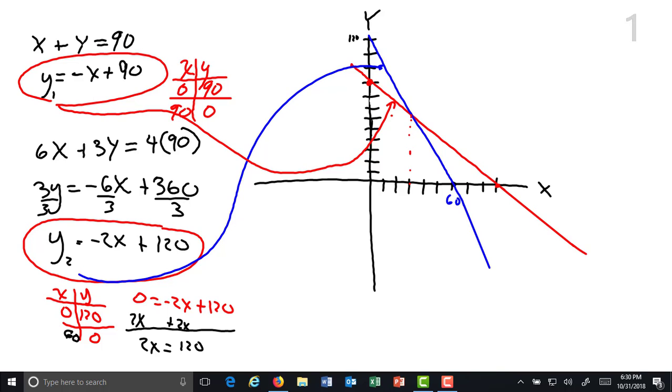So now we want to solve for y1 equals y2, but y2 has a new name. y2 is equal to minus 2x plus 120. So which side has the fewest amount of x's? Negative 2x. Yes. You add 2x to each side.